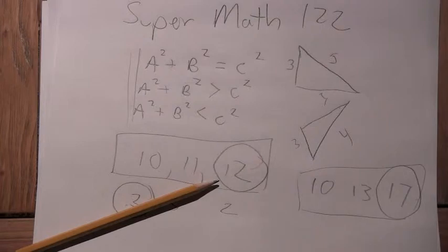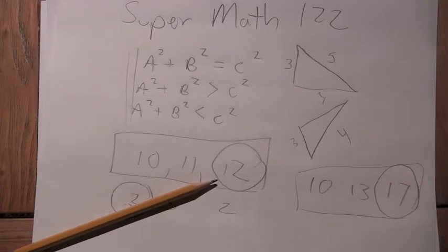And 10 squared is 100. So you get 269 when you add 10 squared and 13 squared. And this was 289. So this is an obtuse triangle.